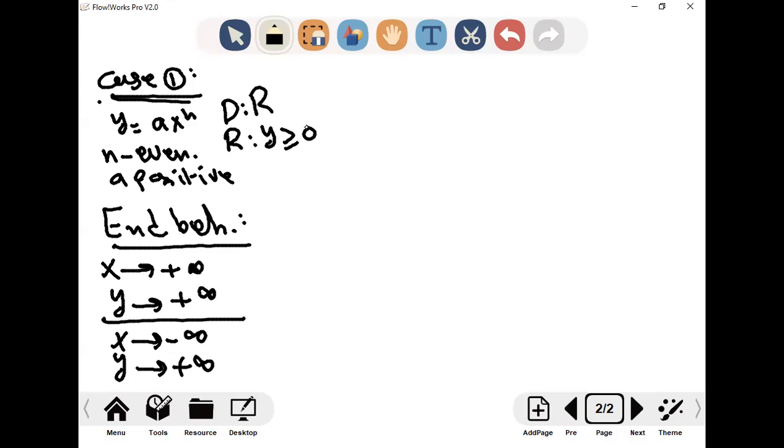Let's take an example so you can understand the other cases. Y equal, for example, 5x power 4, right? Now x power 4 is even, right? Any positive or negative number, if you put an even power on it, the answer is what? Positive or negative? Positive always. It means if you have negative 2 power 4, the answer is positive 16.